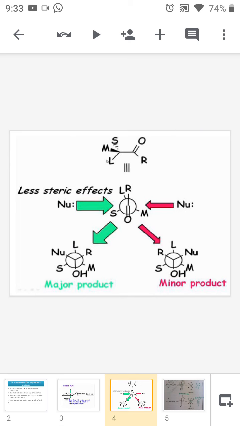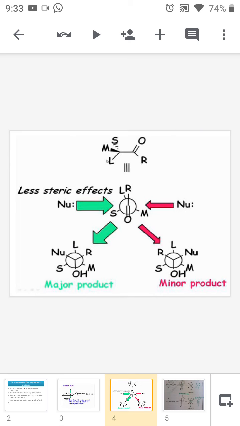In this example, the configuration is R. Now a new chiral center is generated. The configuration of the newly generated chiral center may be R or S. That will depend upon the example or the starting material. But according to Cram's rule, we are expecting the two products, that is RS or RR.